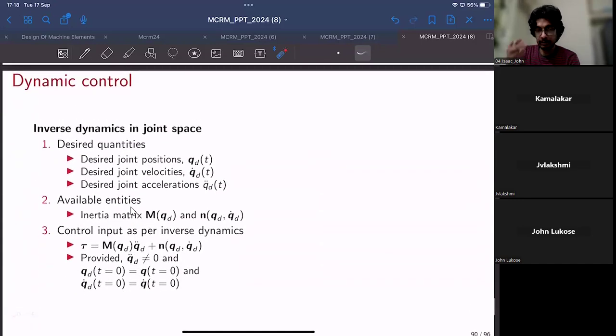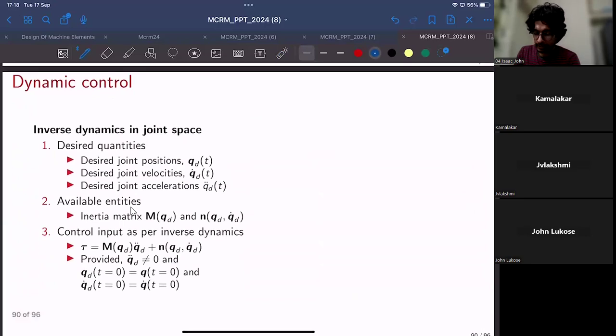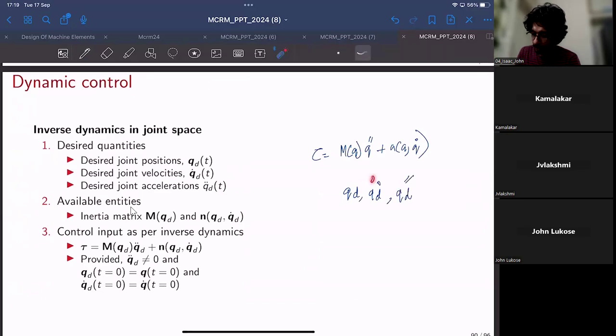And similar to kinematic control, we also have dynamic control. In case of an open loop, we have the dynamics equation of motion as M of q, q double dot plus N of q, q dot. So for a given desired trajectory, q desired dot and q desired double dot, you simply plug all these things into the relevant terms, and you will be able to obtain the open loop control input.